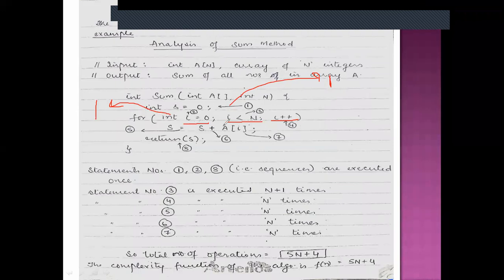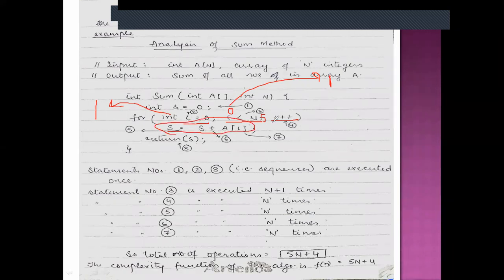So what happens within a for loop? We initialize i is equal to 0 only once. Then we compare i is less than n. Suppose what's the value of n over here? 5. i is less than 5. In this algorithm, suppose there are 5 elements. So first I'm comparing 0 less than 5. So one comparison I'm doing. Then if it is less than 5, I'm performing this operation.